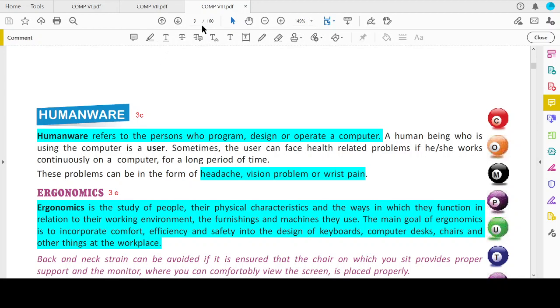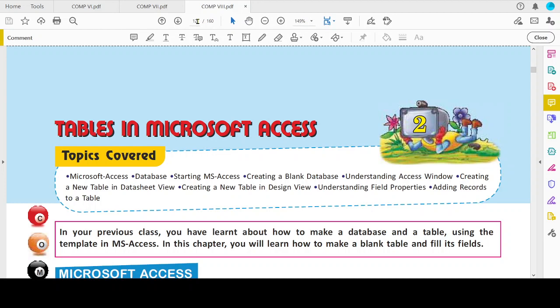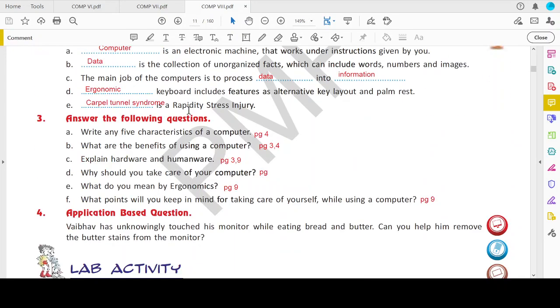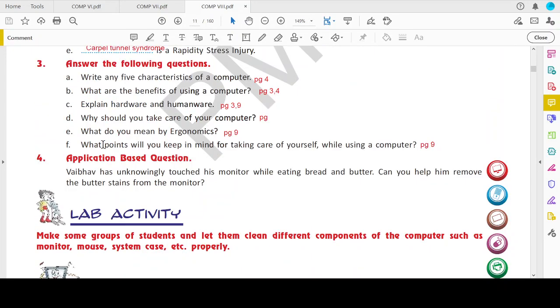What is the next question? What points do you keep in mind for taking care of yourself while using a computer?